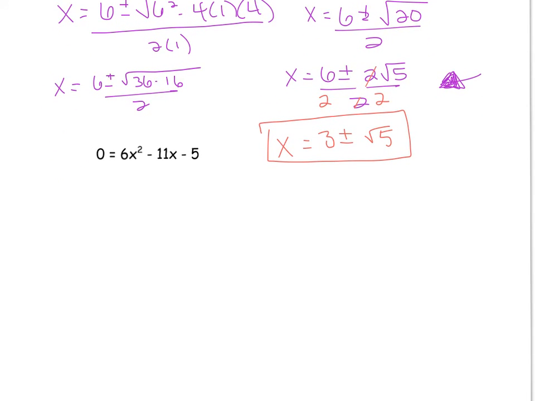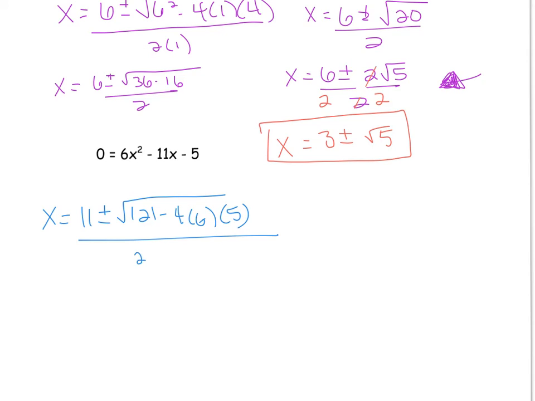All right, and then here I have x equals negative b plus or minus the square root of b squared minus 4ac, all over 2a. So 11 plus or minus, let's see, negative, right? Is this right? 30 and 4 is 120. Nope, positive 1.